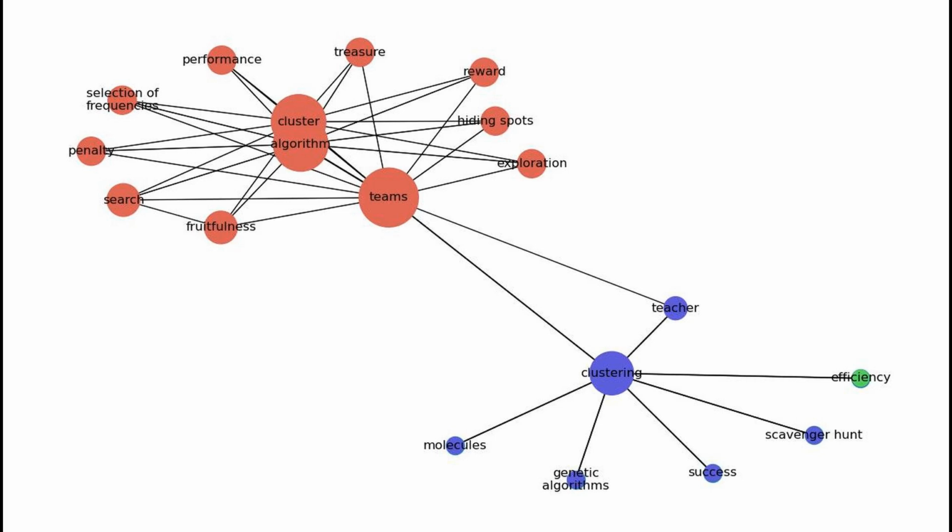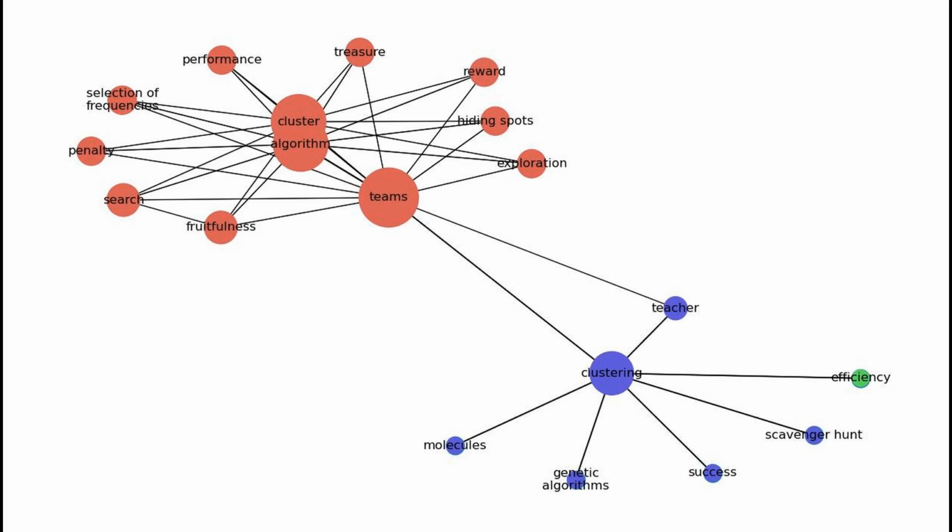Introducing clustering in genetic algorithms is like organizing a big group of kids into smaller teams for a scavenger hunt. Each team focuses on a specific area, which helps them find treasures, or in this case, optimal molecular structures, more efficiently. Clustering allows the algorithm to manage and explore different groups of molecules, making it easier to identify the best candidates without wasting time on unproductive searches.